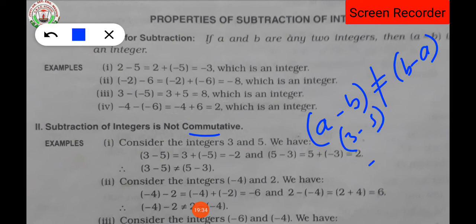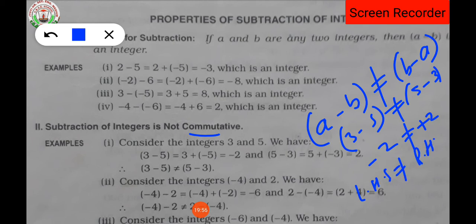So 3 minus 5 is how much? 3 minus 5 is minus 2. And 5 minus 3 will be plus 2. So is plus 2 equal to minus 2? No, it is not equal. Hence the left hand side is not equal to the right hand side. That's why this property does not exist.